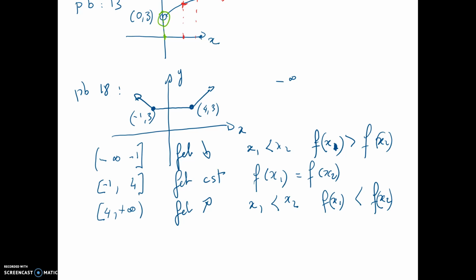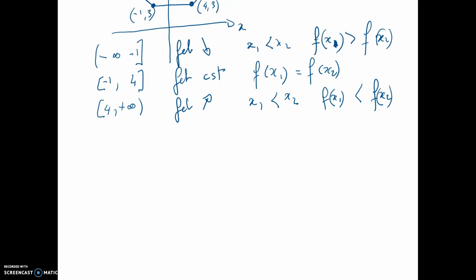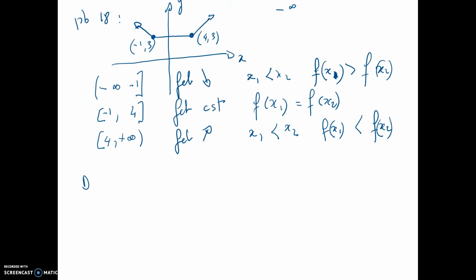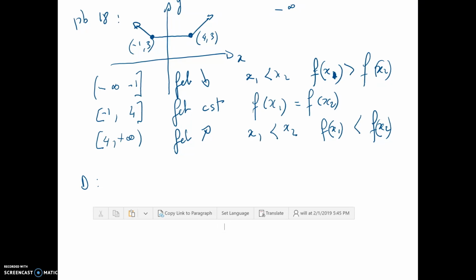Now, if you want to look for the domain, give me a second. If I want to define the domain, my domain is going to be all the values of x, and there is an infinity of values of x.